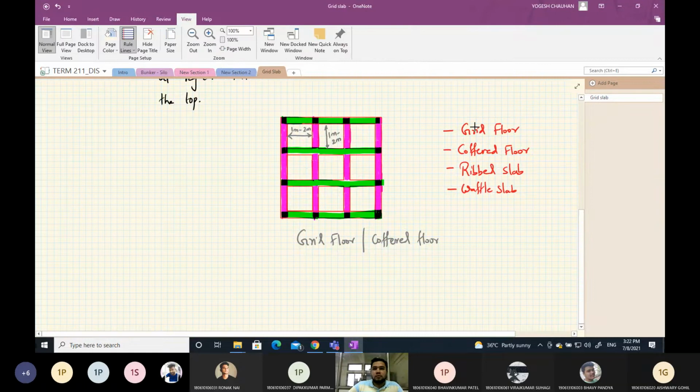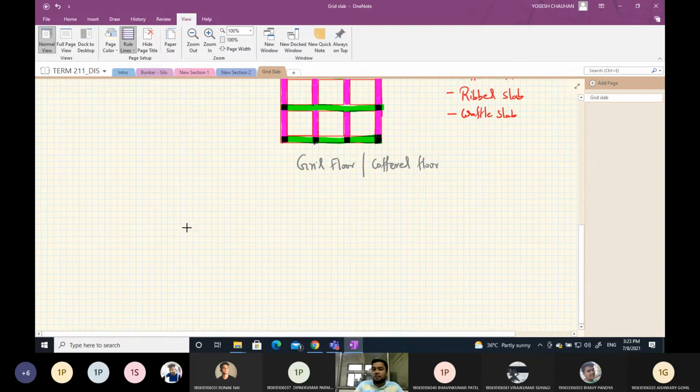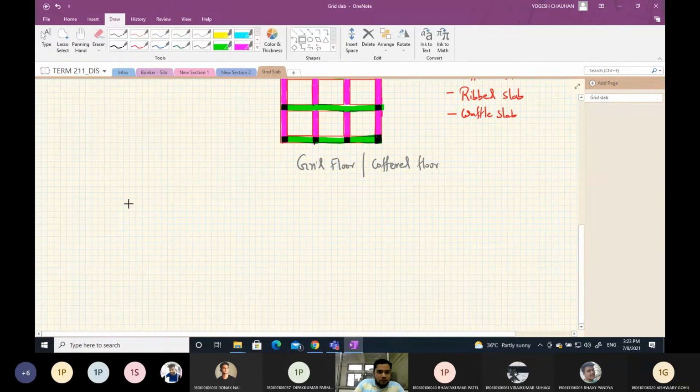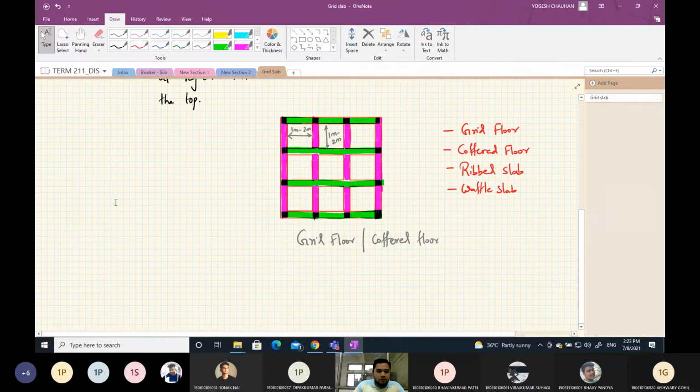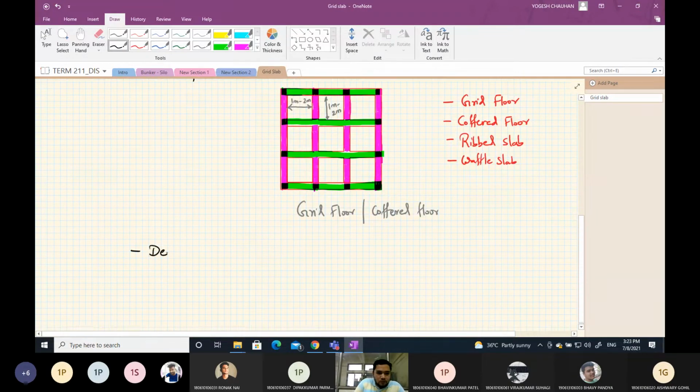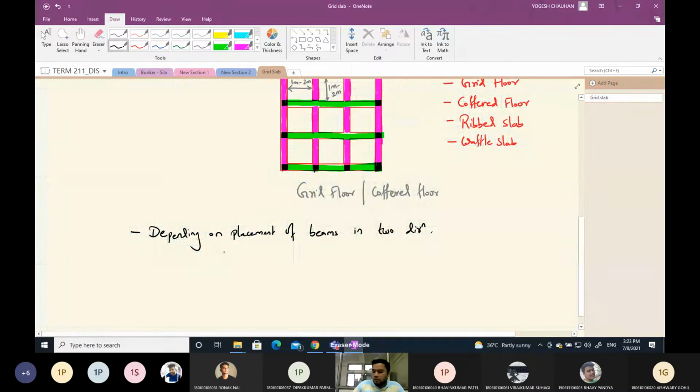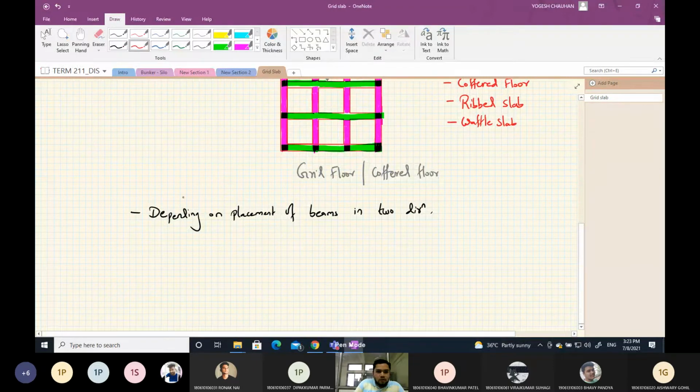Now the grid floors, depending on the placement of beams in two directions, we have orthogonal grid floors.